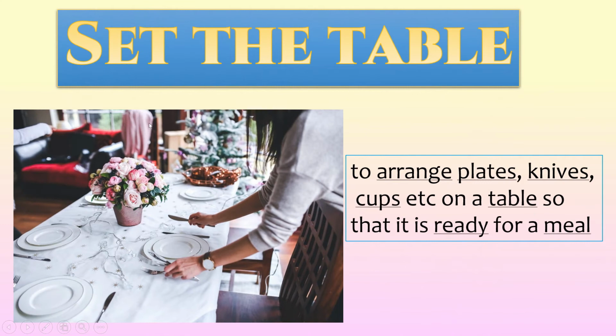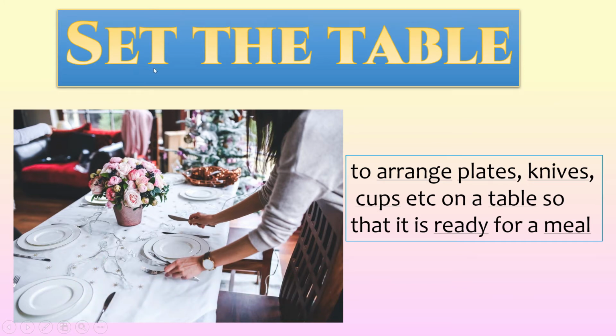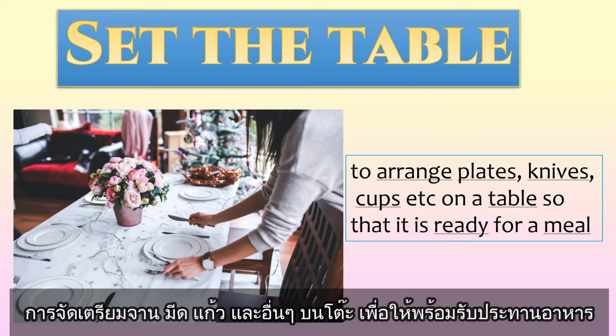Next, we have set the table. Set the table. Set, S-E-T. The, T-H-E, table, T-A-B-L-E. Set the table is to arrange plates, knives, cups, etc. on a table so that it is ready for a meal.